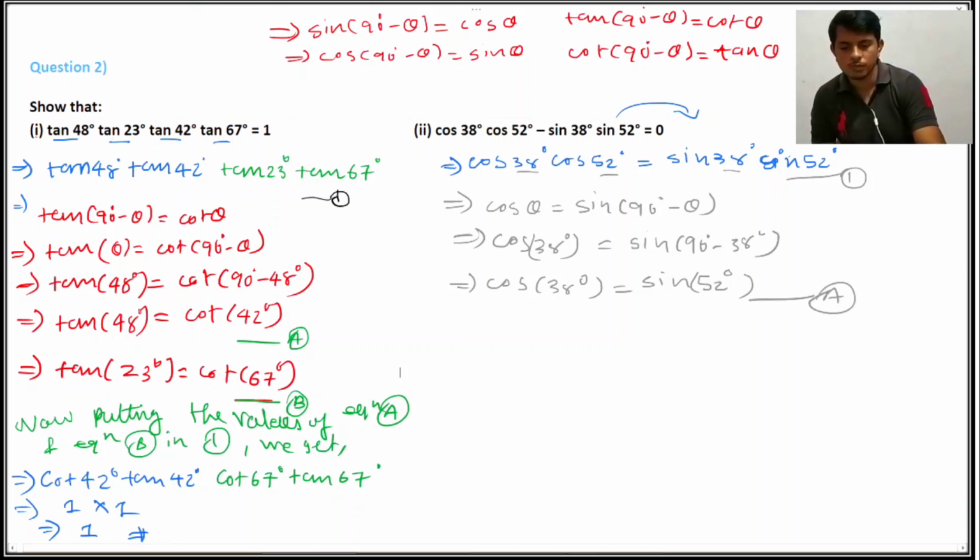Similarly, we can also prove for sine. So here we similarly have sin 38 degree equal to cos 52 degree, right?